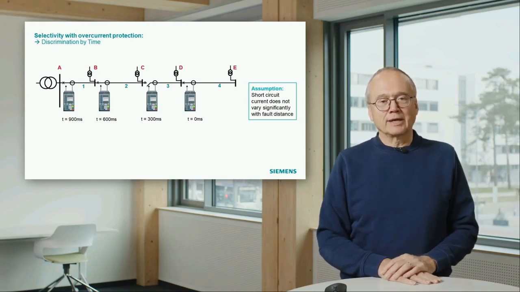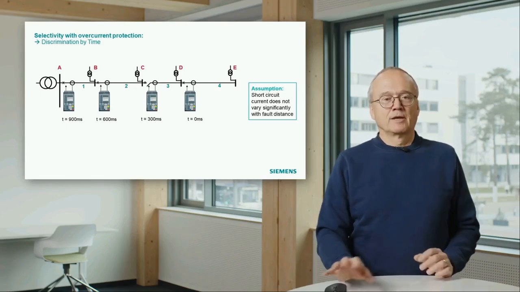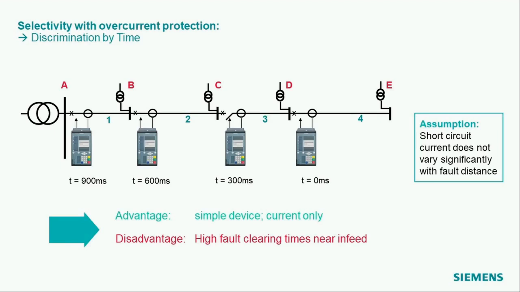The right relay at substation C trips the short circuit. So selectivity is there. Advantage is that it is a very simple logic. The disadvantage is, and that is a significant disadvantage, we have pretty high fault clearing times near the infeed.